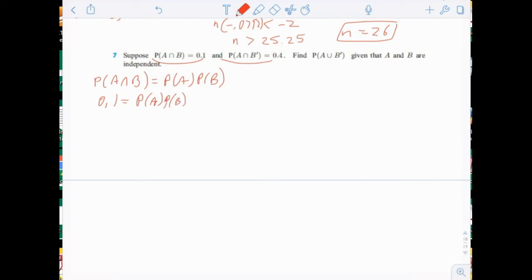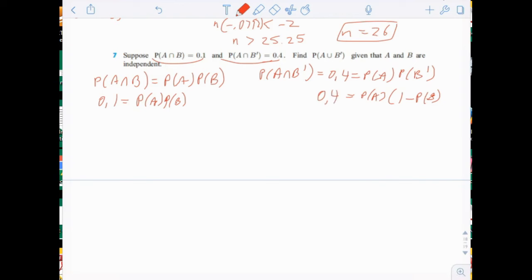The probability of A intersect B prime is equal to 0.4, which is equal to P(A) times P(B prime). We know that P(B prime) is equal to 1 minus P(B). So P(A) times that is 0.4.